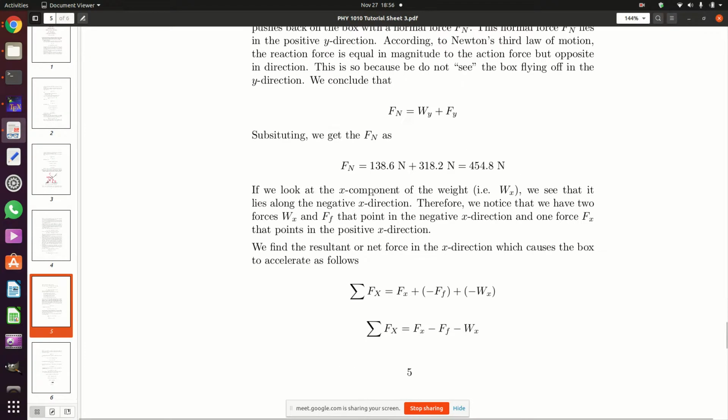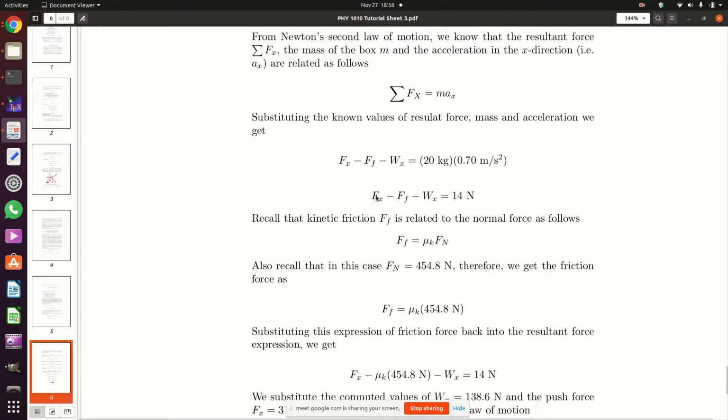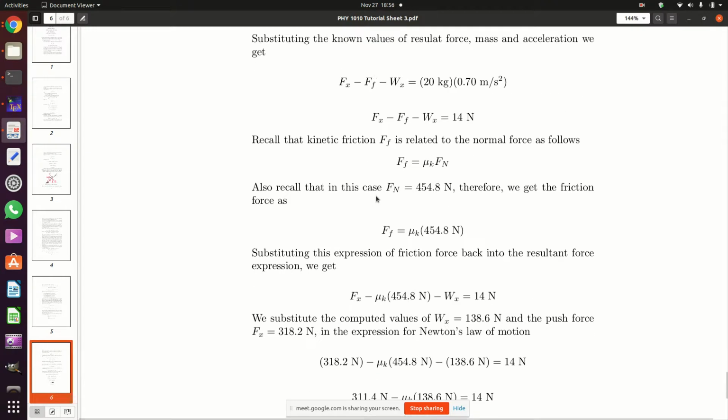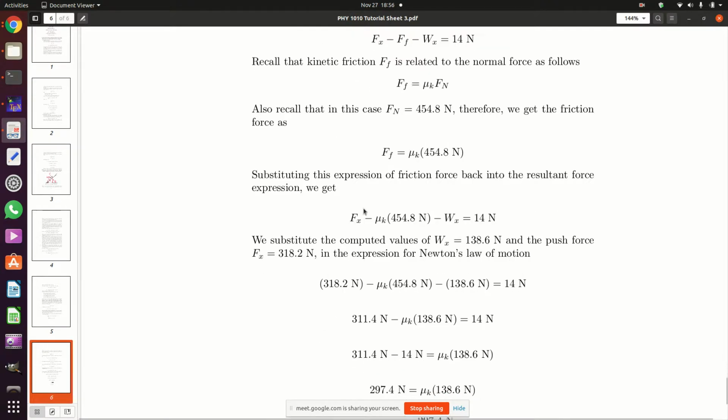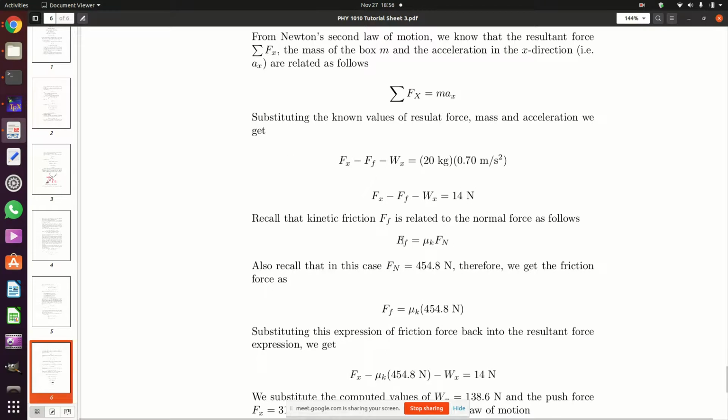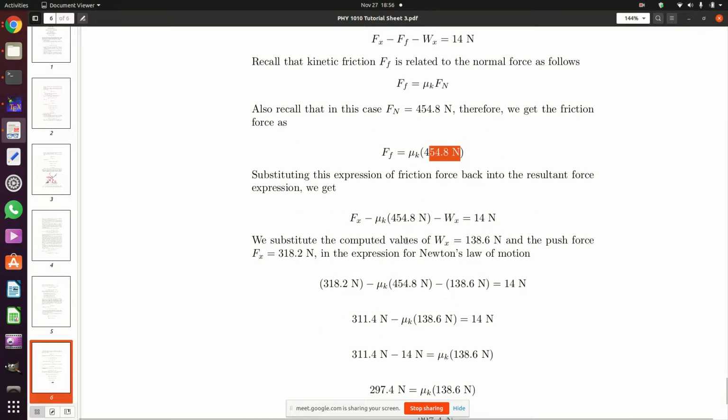Okay, so what do we have? For the friction force, we know the friction coefficient, then the normal force. But we know the normal force is equal to this. So we end up having the friction force as the coefficient times the normal force, like that. So we substitute the friction force with this expression.